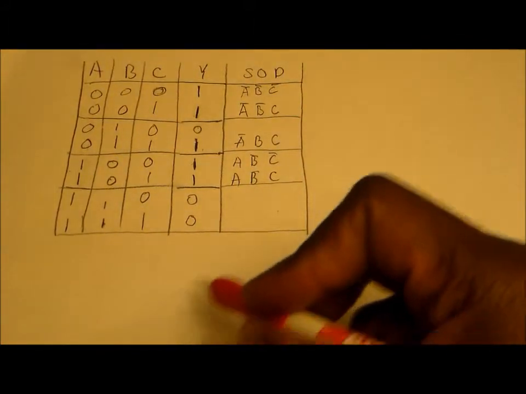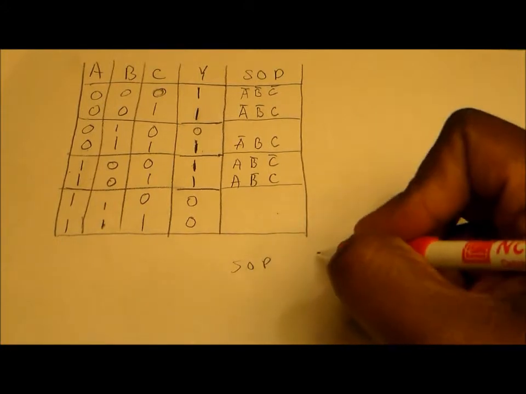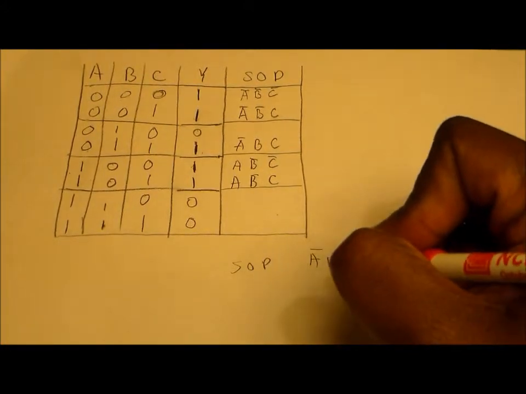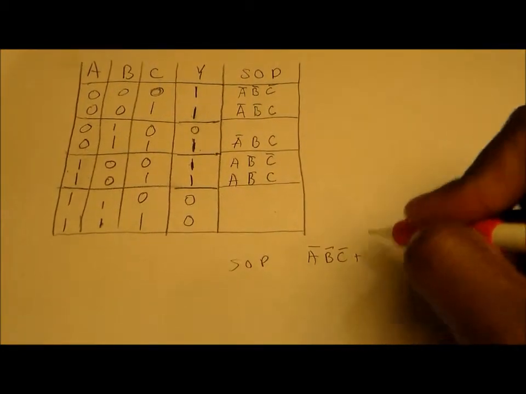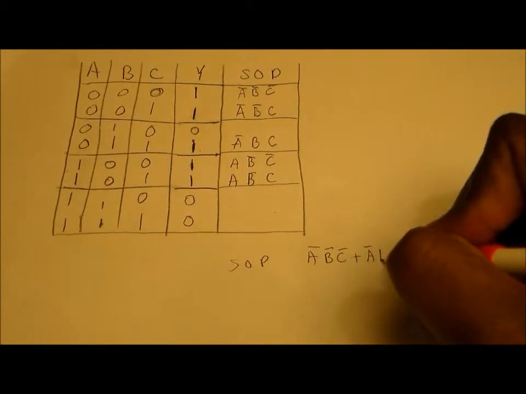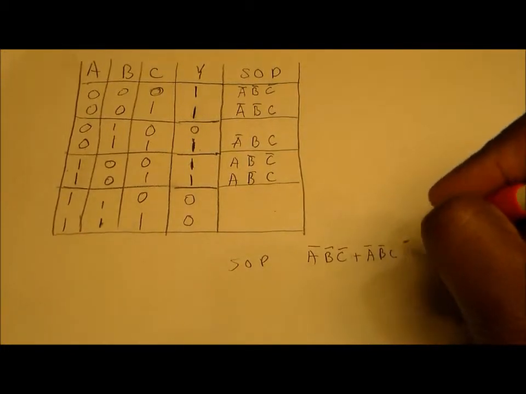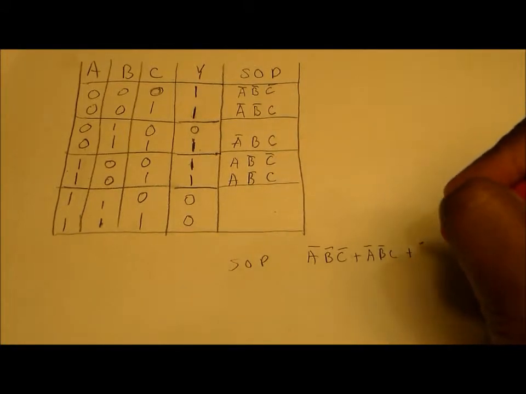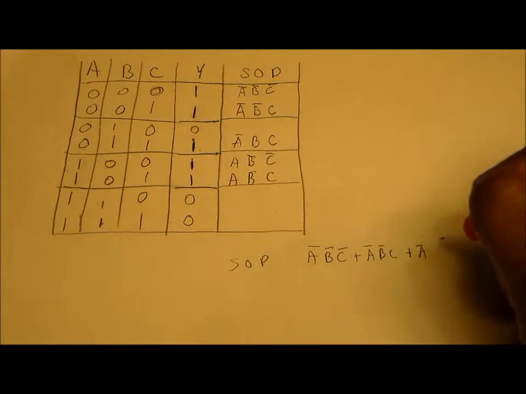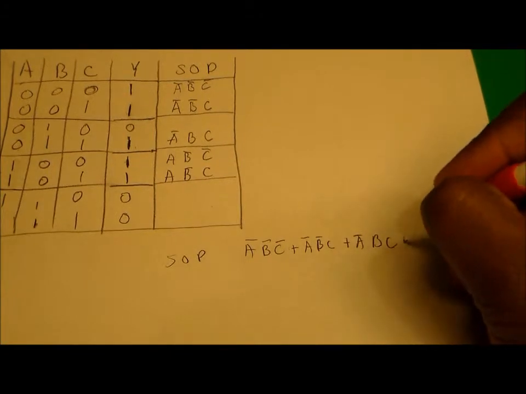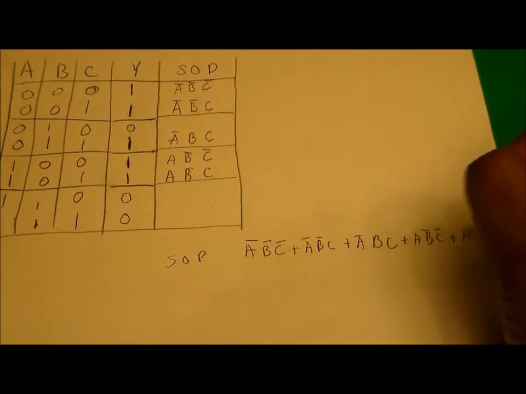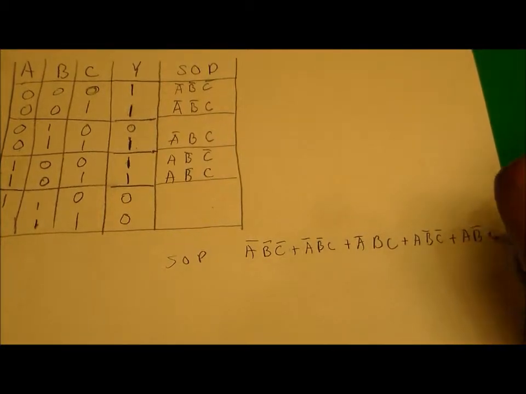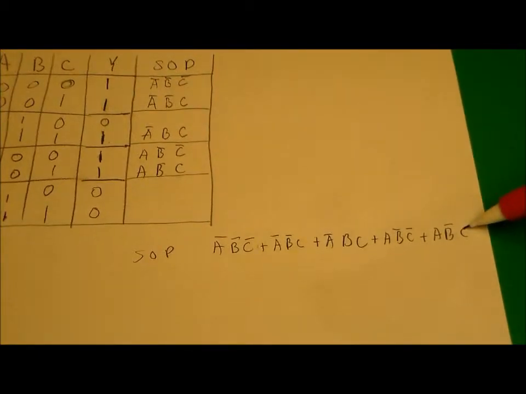So if we were to put together our sum of products equation for this, then we would have A naught, B naught, C naught, plus A naught, B naught, C, plus A naught, B, C, and I'll move this over just a little bit, plus A, B naught, C naught, plus A, B naught, C. Okay, let's just double check, make sure that is correct.